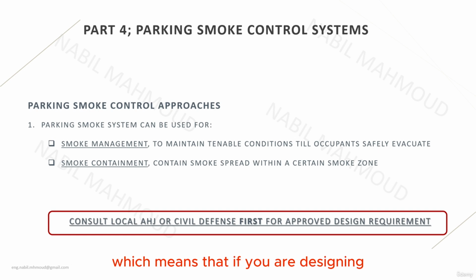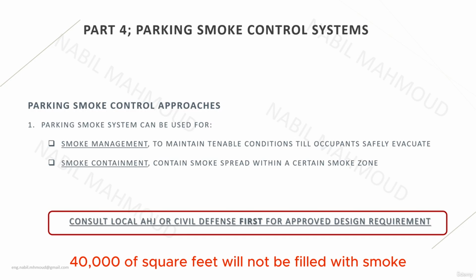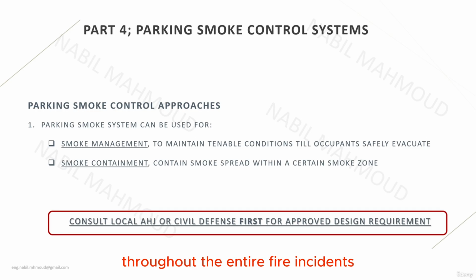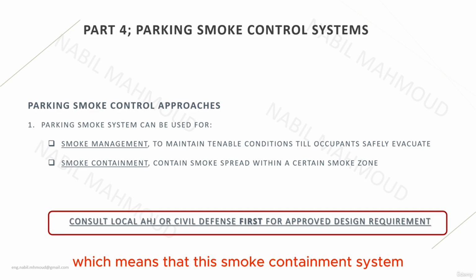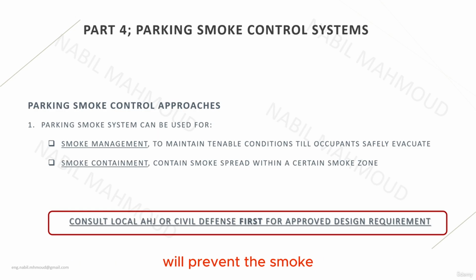If you are designing a smoke containment system for a parking of 40,000 square feet, these 40,000 square feet will not be filled with smoke throughout the entire fire incident or the active ignition of the fire. It will prevent the smoke from spreading horizontally throughout the entire area of the ceiling or the floor of the parking.